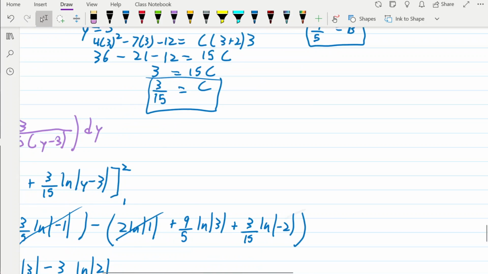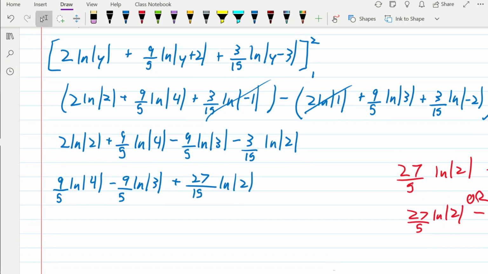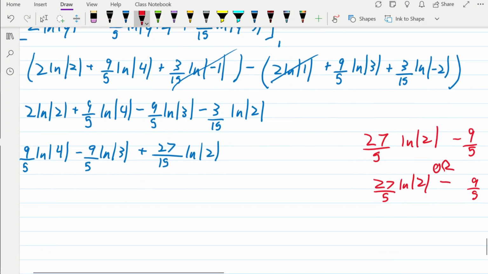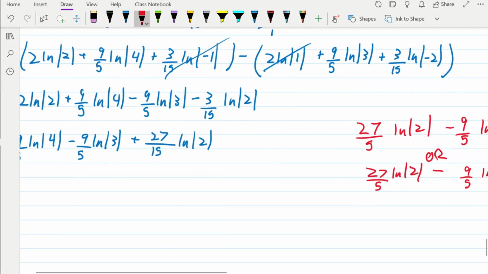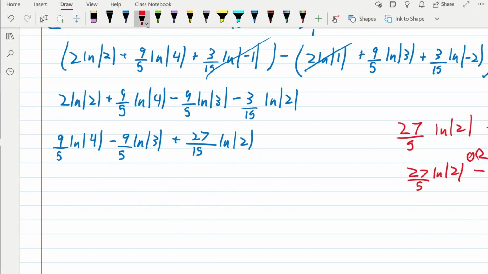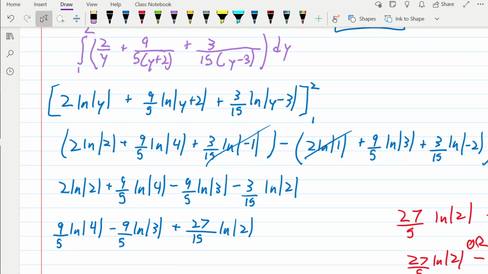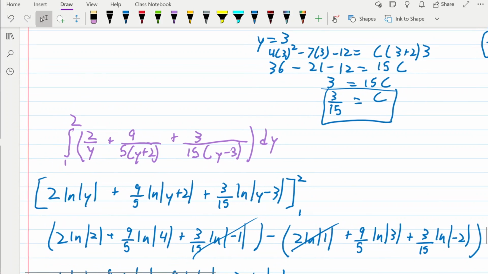Was there supposed to be a 5 times 5 somewhere that canceled this out? Four was taken from here, here, y plus 2. Yeah, maybe I should check over here first.